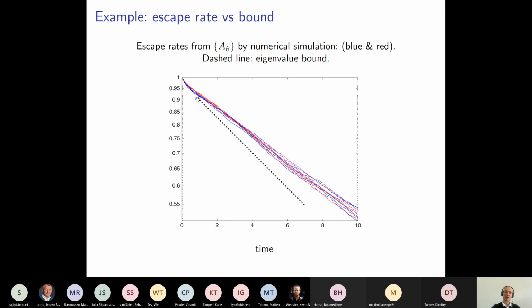And I'm plotting on a semi-logarithmic plot the ratio of points which stay inside the family of sets as we computed it up to that time. And you see that the slope is smaller than the slope given by the eigenvalue bound, basically numerically validating our theorem for this example.